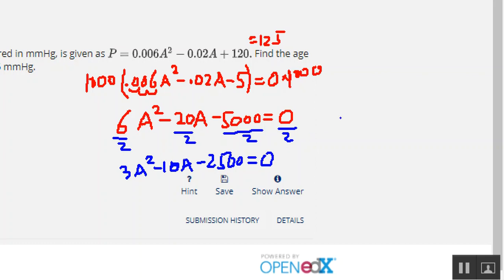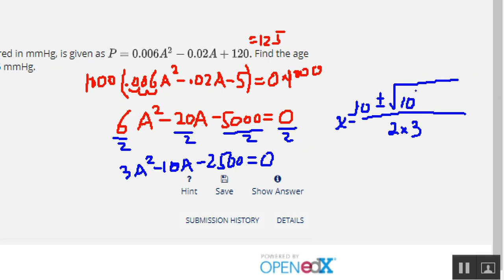Okay, so now I really have no other shortcuts. I just have to use the quadratic formula. So 2 times a, which is 3, negative b, which is negative of the negative 10, you get 10, plus or minus the square root of b squared, which is negative 10 squared, the same as 10 squared, minus 4 times a, which is 3, times c, which is negative 2,500.